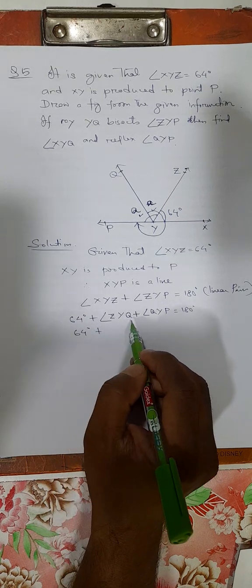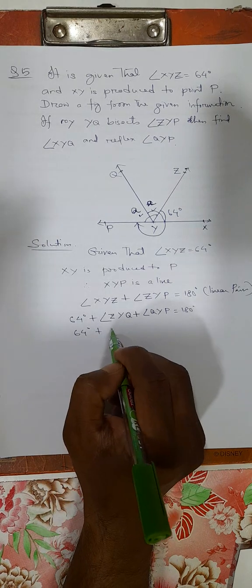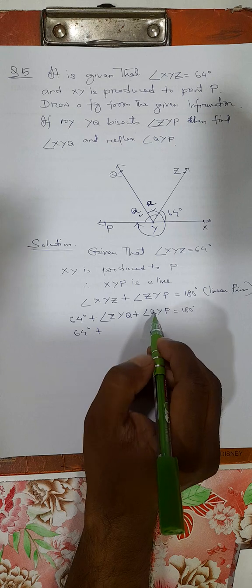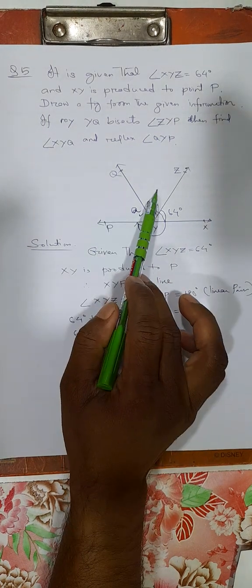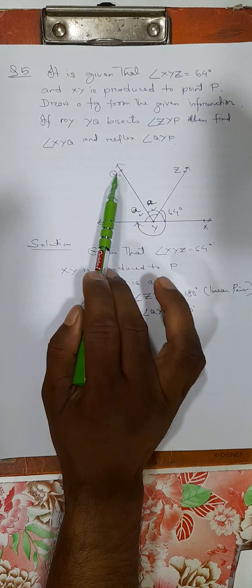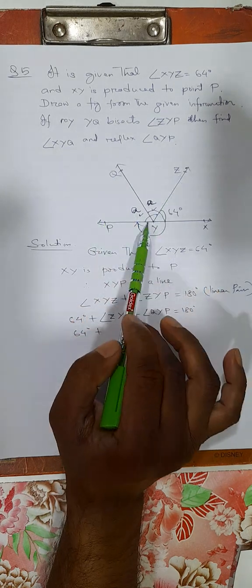Now angle ZYQ is A, or you see this ray is bisecting this angle. Ray YQ bisects angle ZYP.